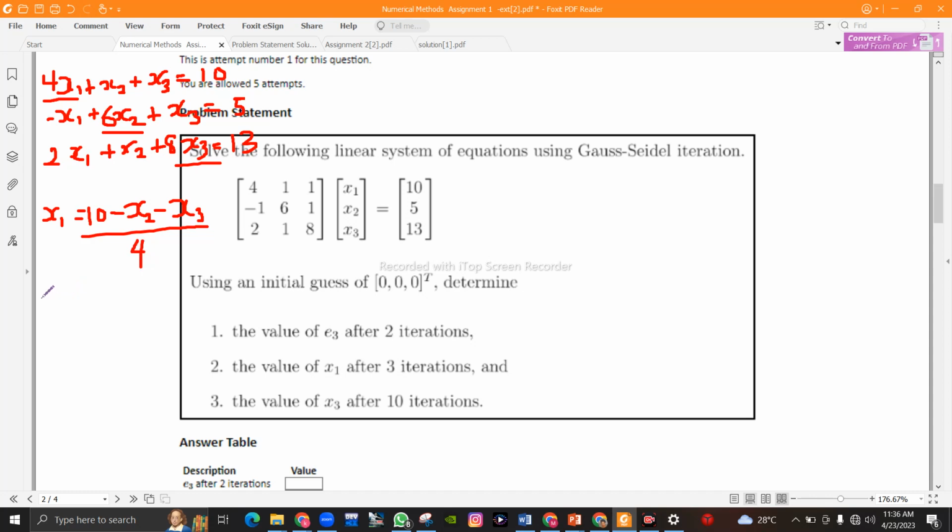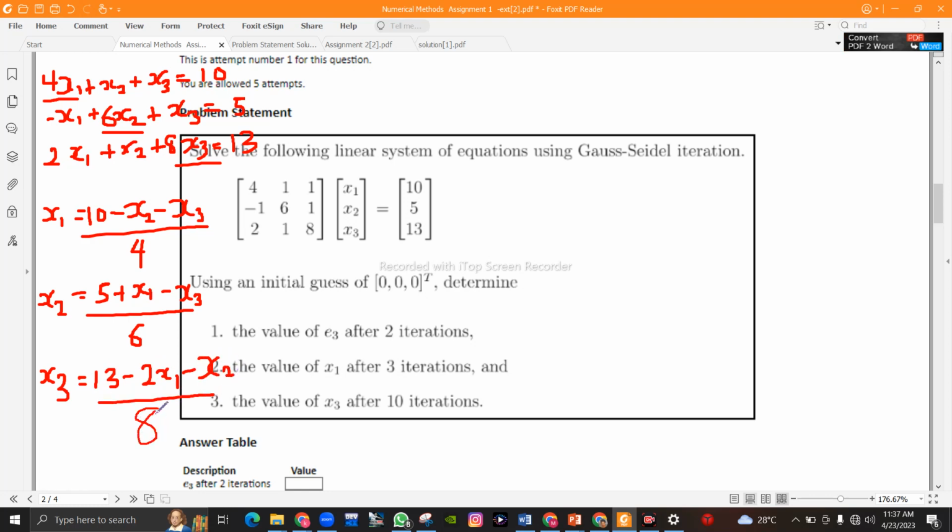We write the same thing for x2, which is 5 plus x1 minus x3, divided by 6. We write the same thing for x3, equals 13 minus 2x1 minus x2, divided by 8.